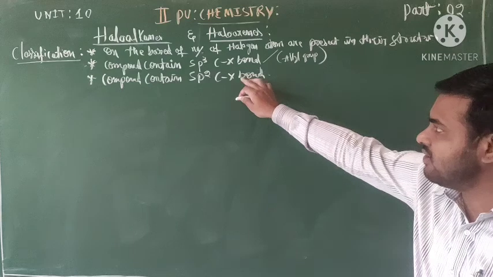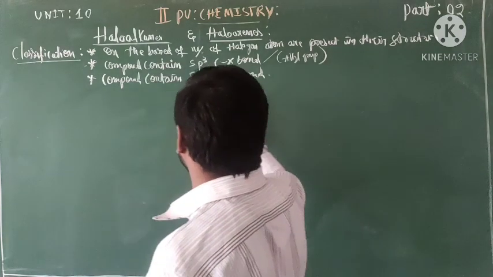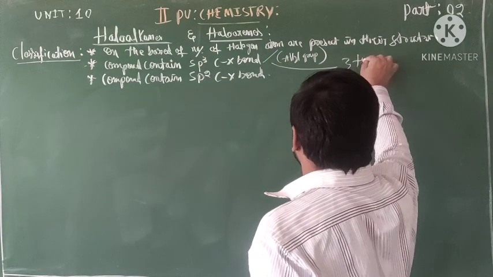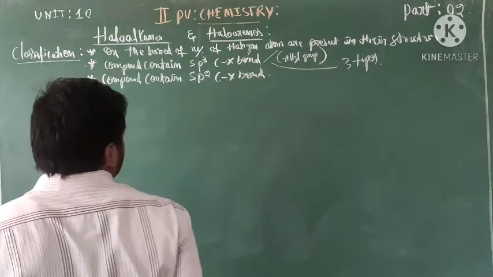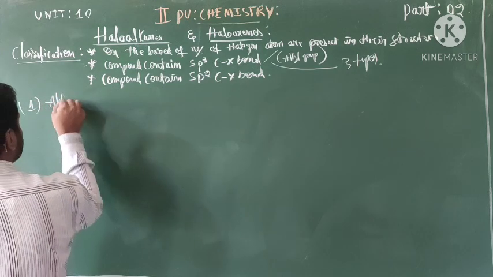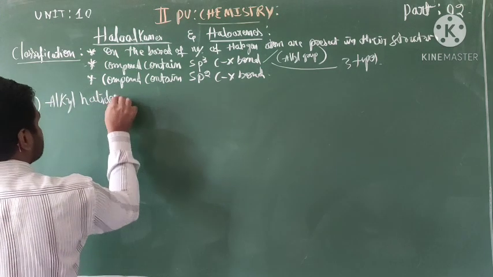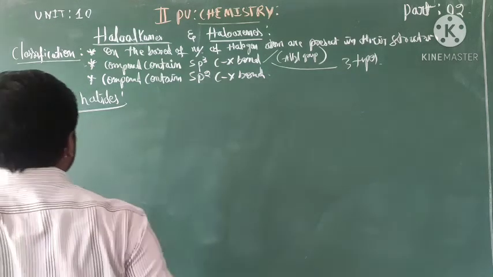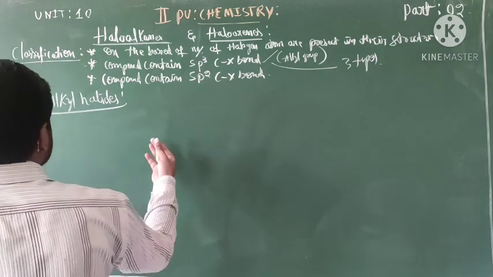This is called containing an sp3 carbon-halogen bond. We know 3 types of sp3 C-X bond compounds. The first one is alkyl halides. What is the definition of alkyl halides?